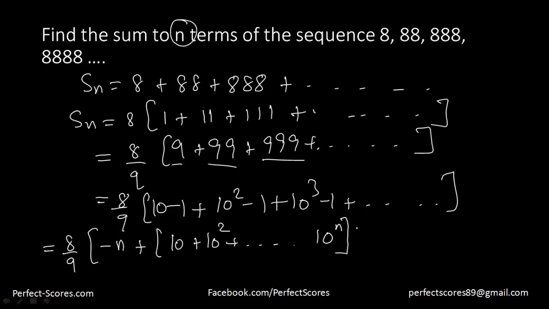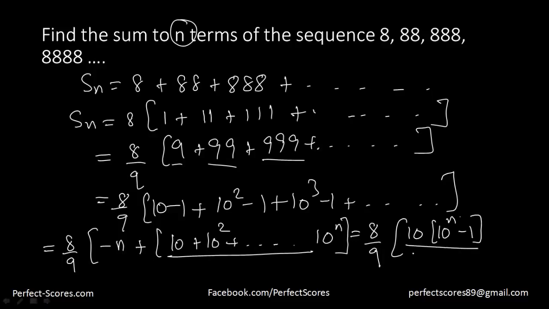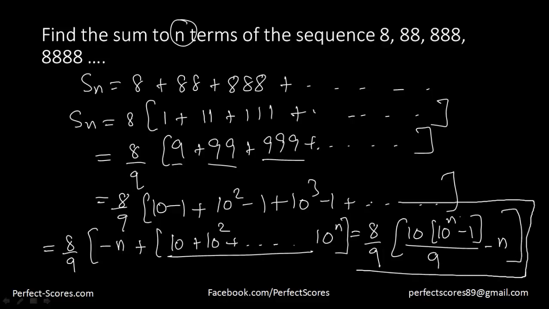So the sum of this is going to be a into r raised to the power n minus 1 divided by r minus 1, which is 9, minus n. So that over here is going to be my answer.